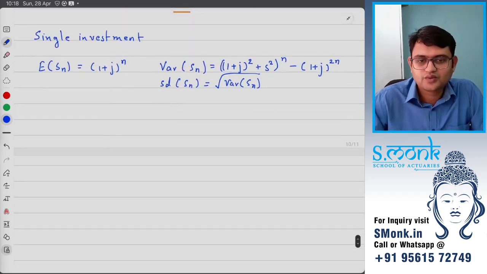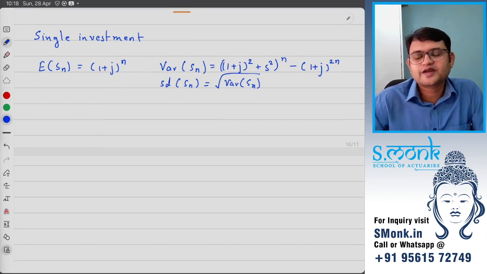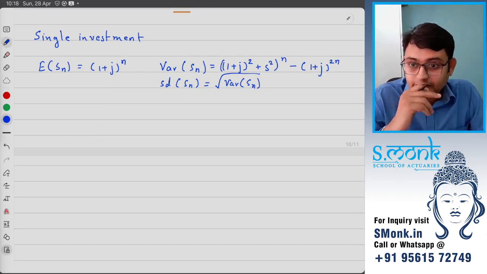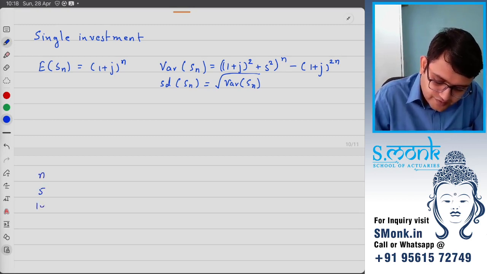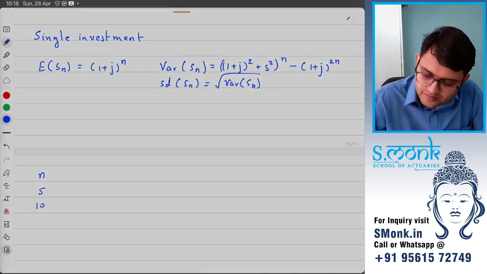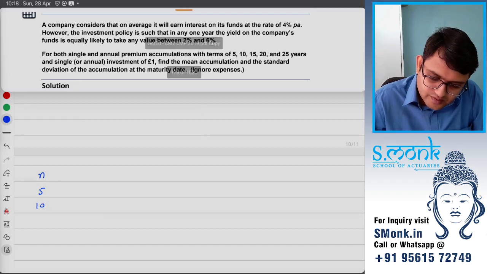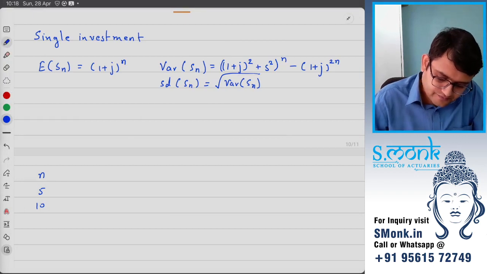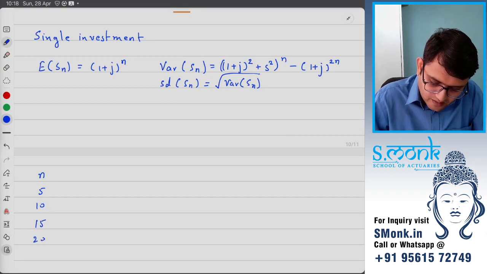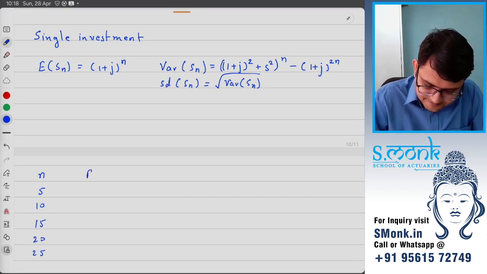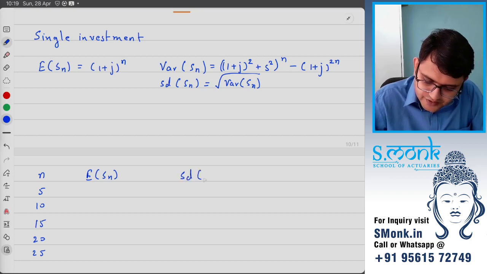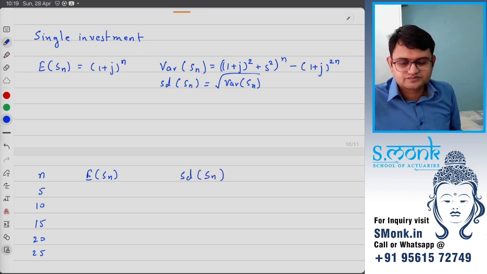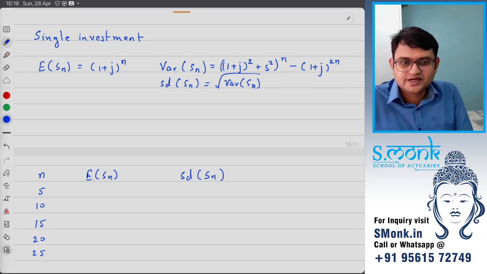So now we can easily find the expected value and the standard deviation for each one of those values. So n is 5, 10, 15, 20, 25. I'll directly calculate the standard deviation. Calculate these and write in the table.